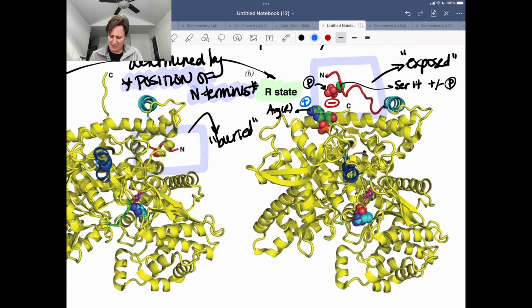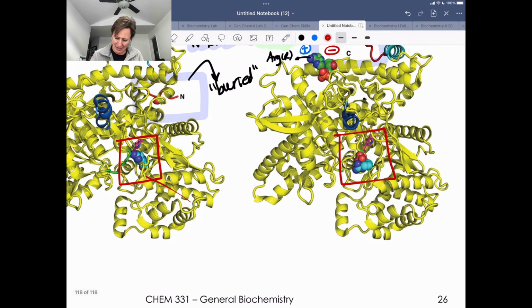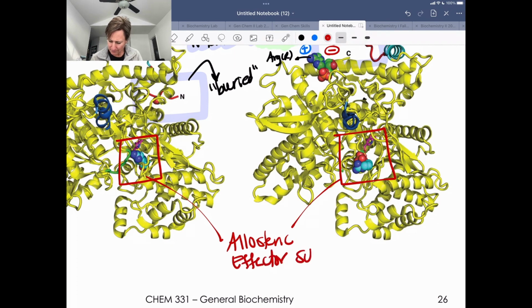One last little piece to highlight here, if we look at this region right here, and I'm not going to go too much into the structural details as to why, but the site that I've highlighted here is what we call the allosteric effector site. Okay?